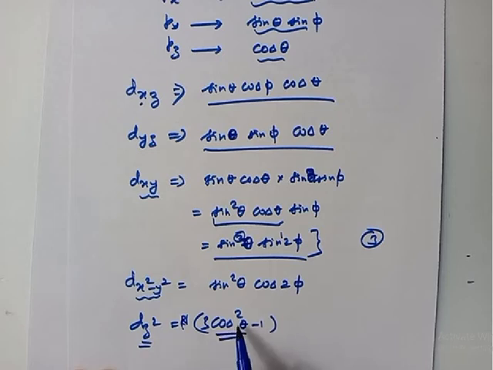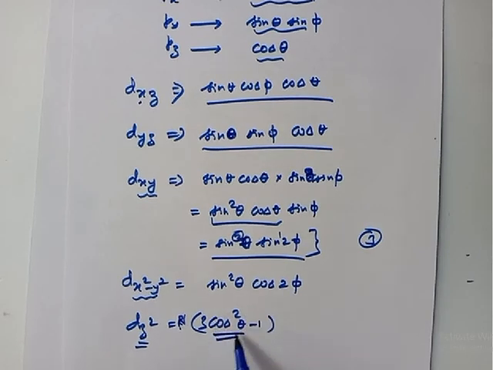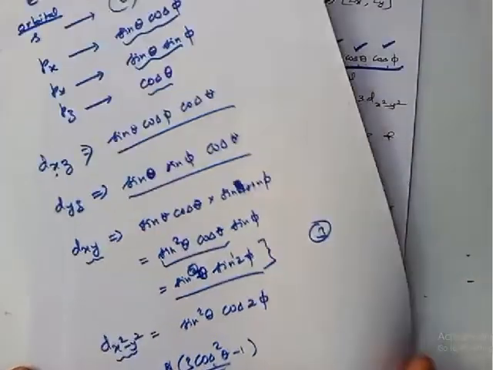You will be having cos square theta, that is very, very important. Whenever a wave function contains only cos theta terms, it must correspond to pure z orbitals. It may be a pz orbital or it may be a dz square orbital. Keep this information in mind, very, very important.